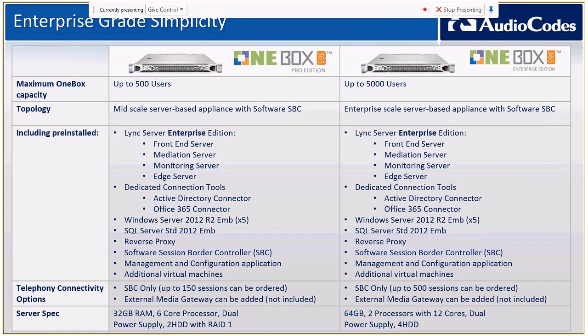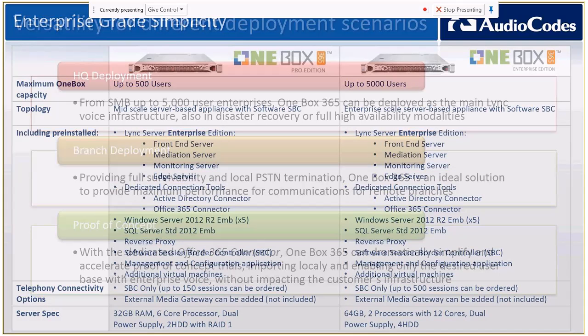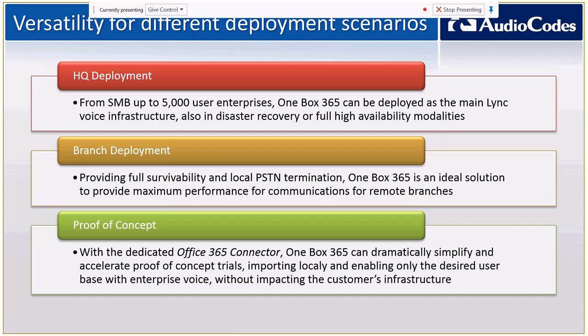And then the Enterprise Edition scales up to 5,000 users. So it is a true enterprise solution for small, medium, and large businesses. With your HQ deployment, like I said, you can have up to 5,000 users.